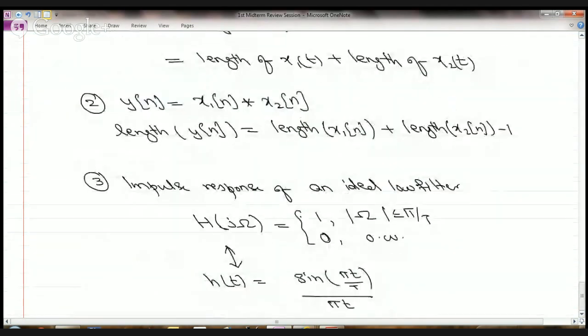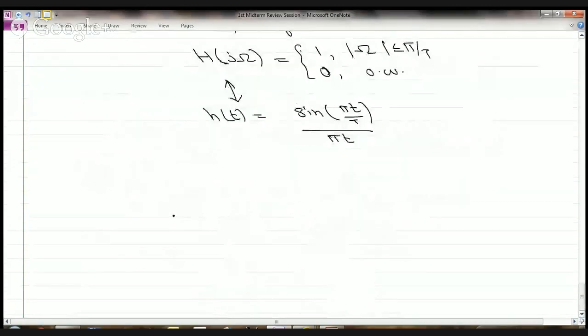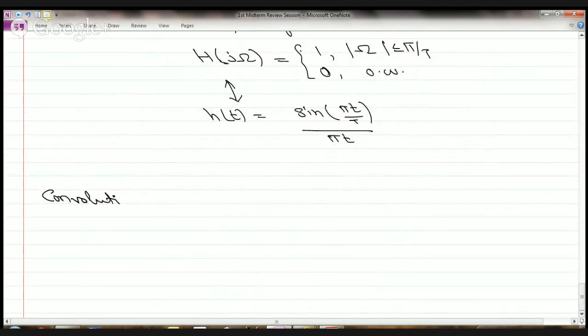Now the other thing to remember is which is the question I'm coming to: the convolution of this box function with itself is a triangle.